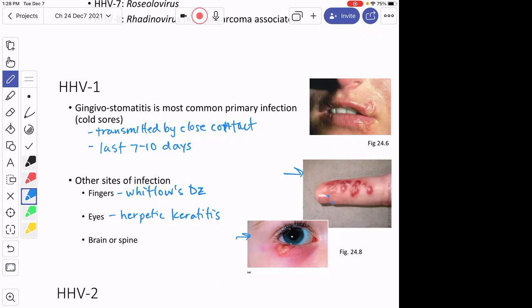So that can be kind of dangerous, and it has the potential to infect the brain and spinal cord. Typically, that's not unless there's been some kind of trauma, and typically that's only in immunocompromised patients. But there's substantial mortality even with just HHV-1 when it does infect there.